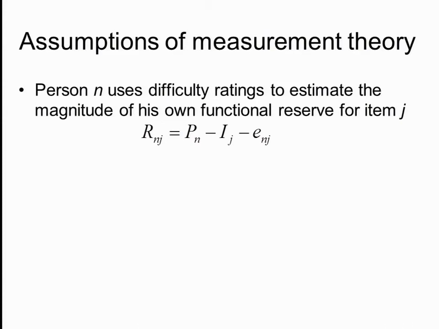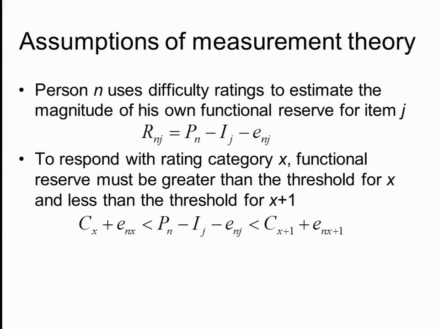Now, person N is using difficulty ratings to estimate the magnitude of their own functional reserve for a given item. In this case, functional reserve would be the difference between the person measure, a fixed variable, and the average item measure, another fixed variable, and the error term that goes there. So to respond with rating category X, functional reserve has to be greater than the threshold for X and less than the threshold for X plus 1.